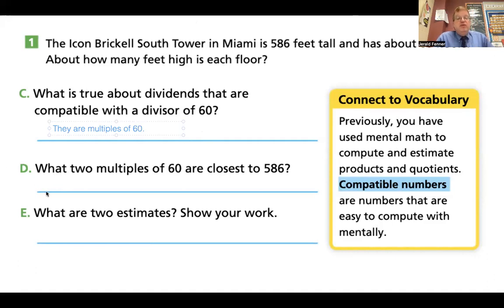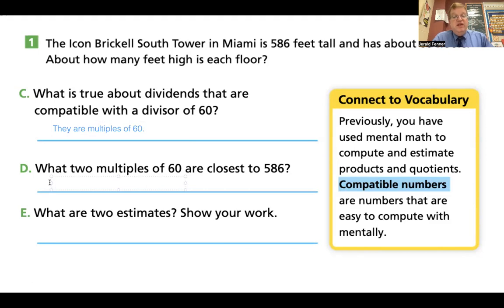So what are two multiples of 60 that are closest to 586? And that would be, if we look at 586, we do our multiples of 6: 6, 12, 18, 24, 30, 36, still not there.